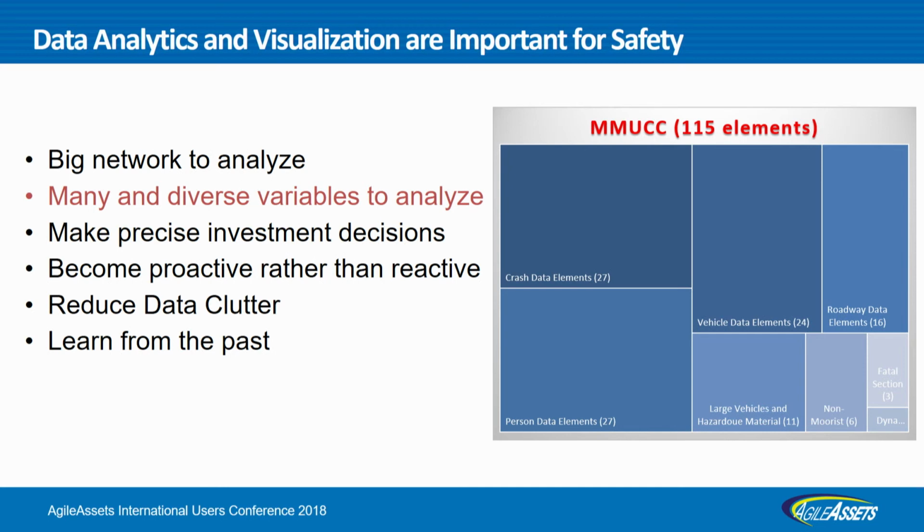It prescribes 115 different elements that you need to analyze if you want to understand the different elements of the crash. So for each crash report, these are the prescribed number of variables you should collect. Think about this picture: a lot of crashes and a lot of variability. So we need a technique, analytics and visualization, so we can pinpoint the issues with crashes and make the best decision.